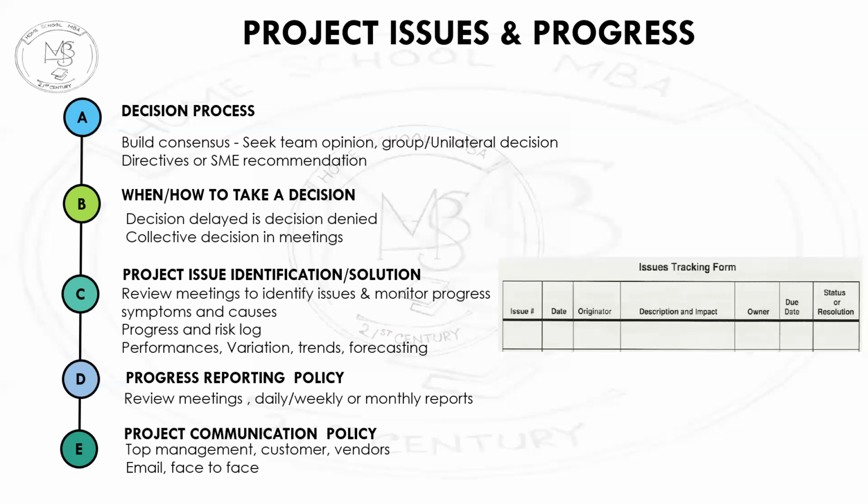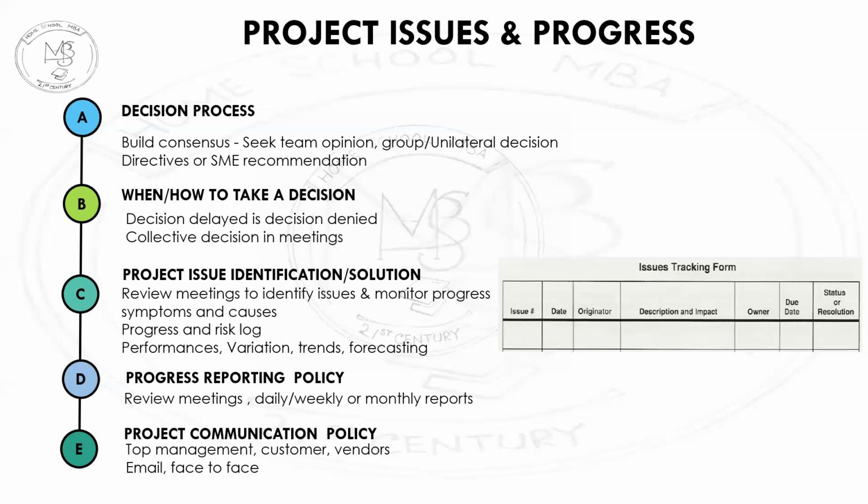Third is the project issue identification and solution. In this, you review the meeting. In review meetings, you identify issues and monitor progress, and you identify the symptoms and causes, and a progress and risk log is developed and listed.